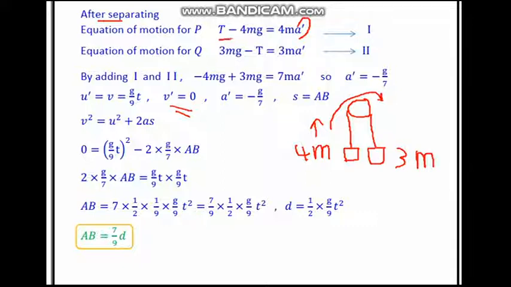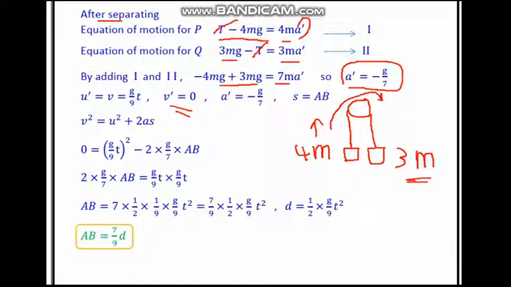So T minus 4mg equals 4m a dash. For the body 3m, the equation will be 3mg minus T equals 3m a dash. By adding the two equations we can cross out T. So now we have negative 4mg plus 3mg equals 7m a dash, which gives us the new acceleration equal to negative g over 7.